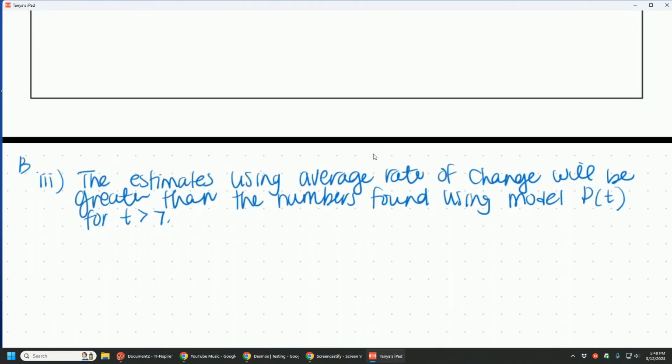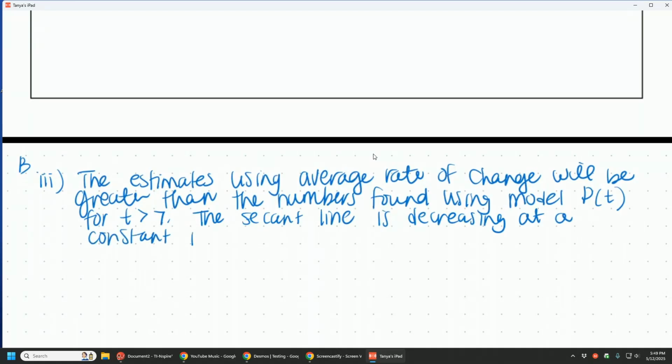So that line, we actually call it a secant line. So the secant line is decreasing at a constant rate of 67.